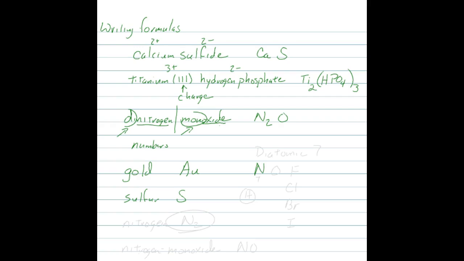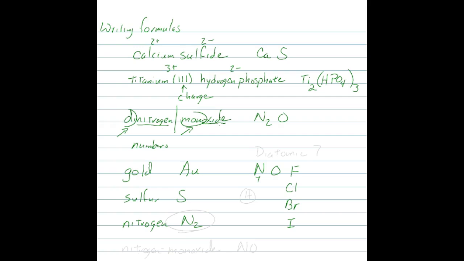Element number 7 is nitrogen, and you make a 7 on the periodic table. So if you have nitrogen by itself, it's N2.